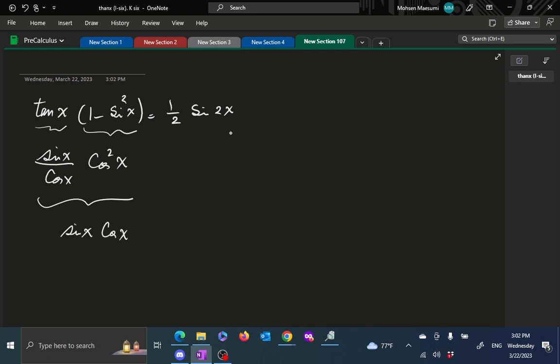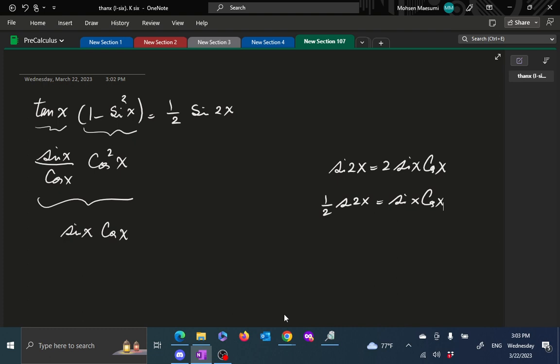And we have an identity that sine of 2x is 2 sine x cosine x. Well, if you put the half to the other side, 1/2 sine of 2x is equal to sine of x cosine of x. Let's see if the software expects us to explain how the 2 goes to the other side. Let's see how picky the software is.